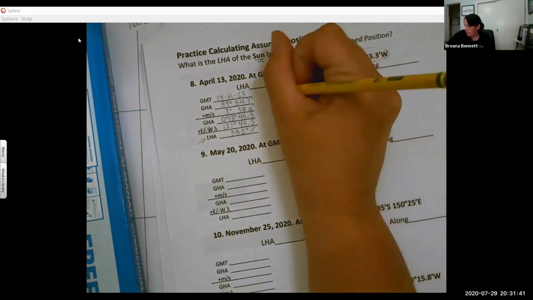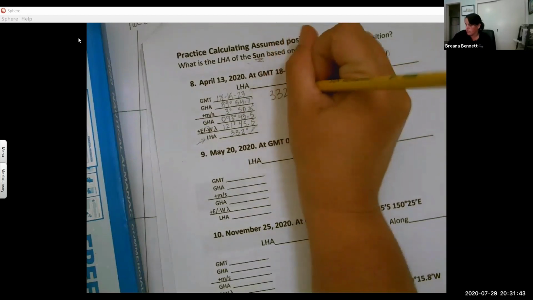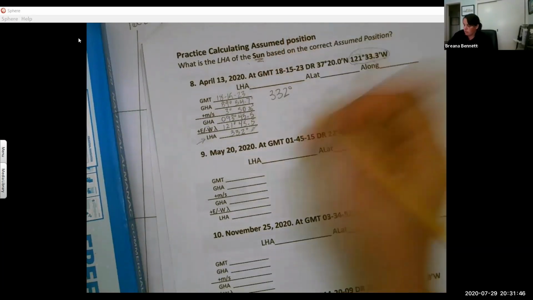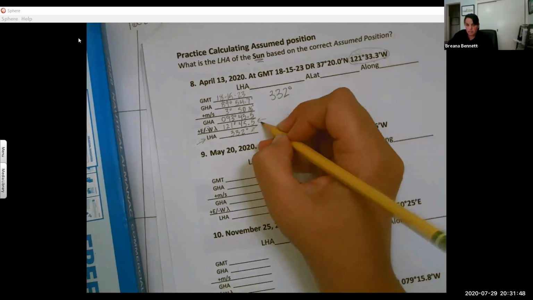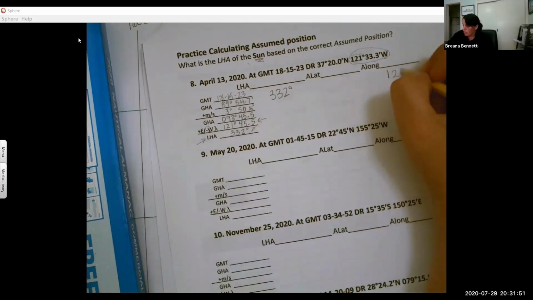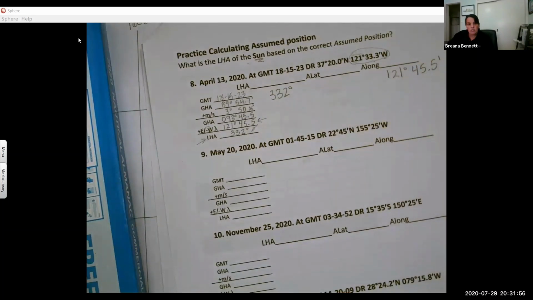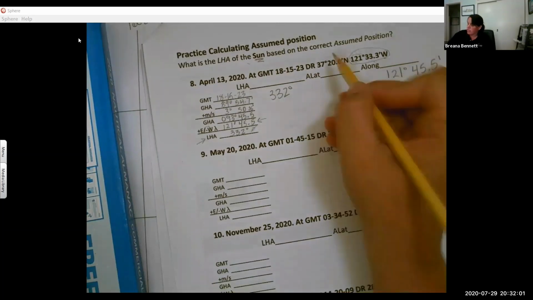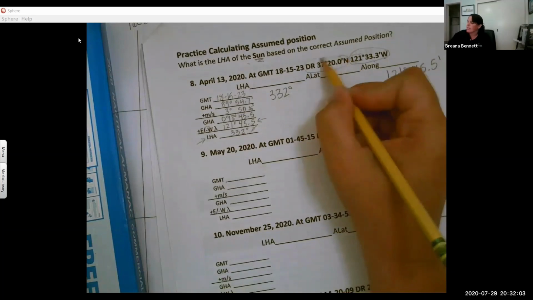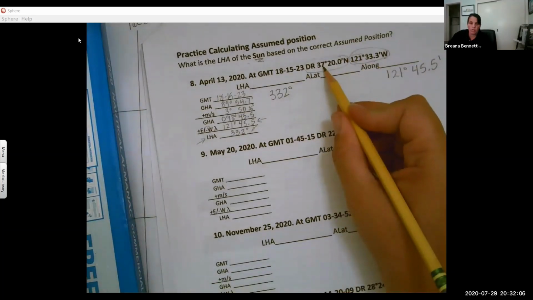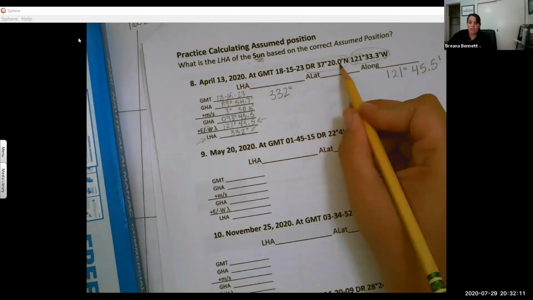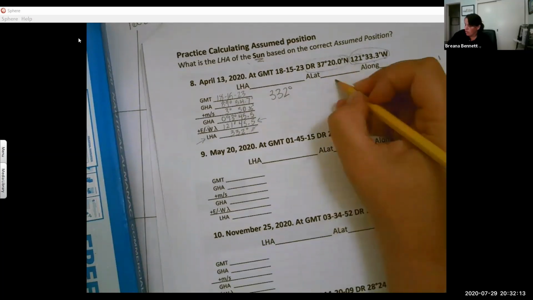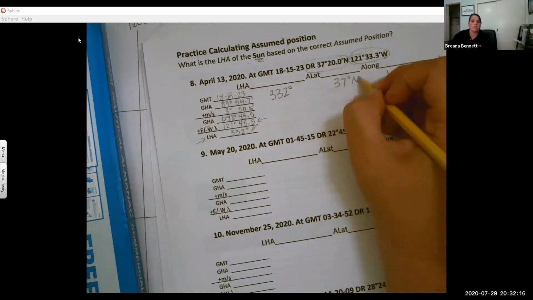So I have an LHA of 332 degrees. My longitude is 121, 45.5. And then I need to get my assumed latitude. Looking at my DR latitude, what's the closest whole degree? I'm at 37 20, so my closest whole degree is 37 degrees north.